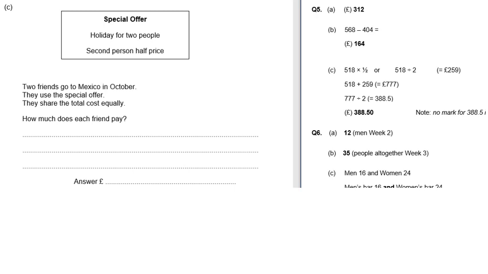Special offer. Holiday for 2 people. The second person is half price. 2 friends go to Mexico in October. I've lost my table, obviously, it's on the page before. We're talking 508.